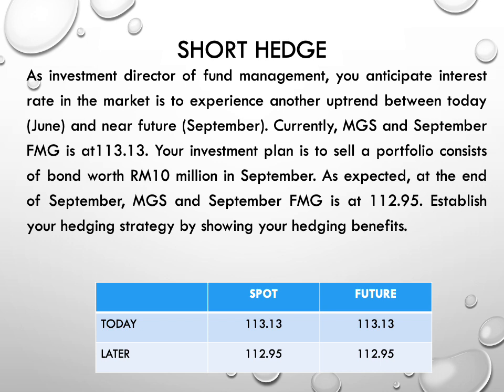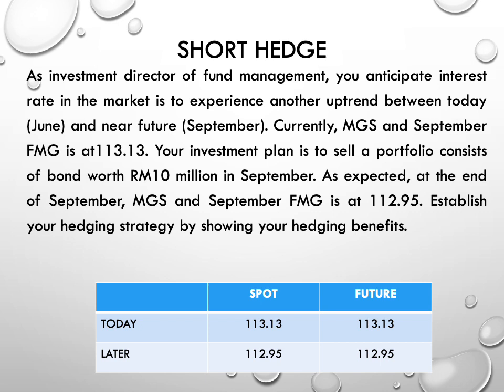Currently, MGS and September FMG is at 113.13. Your investment plan is to sell a portfolio consisting of bonds worth 10 million in September. As expected, at the end of September, MGS and September FMG is at 112.95. Establish your hedging strategy by showing your hedging benefits.